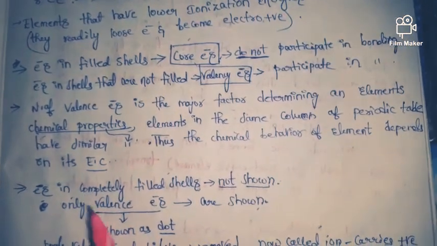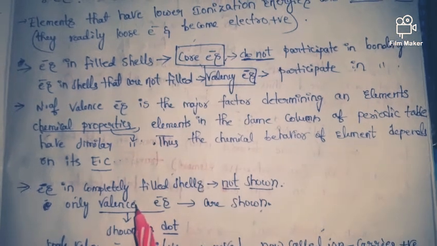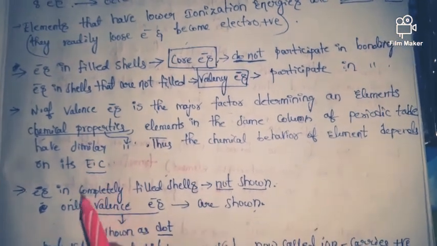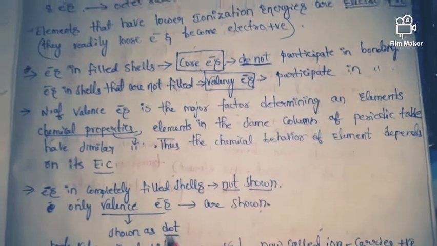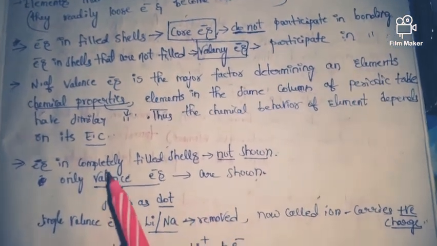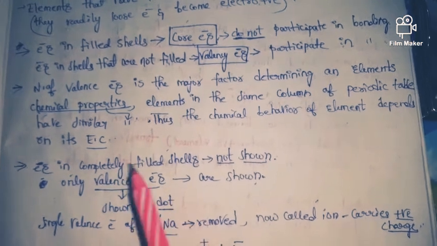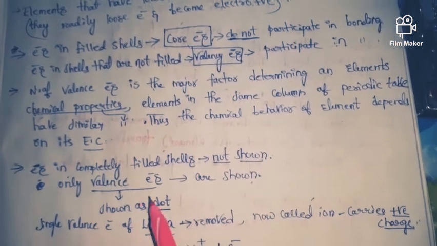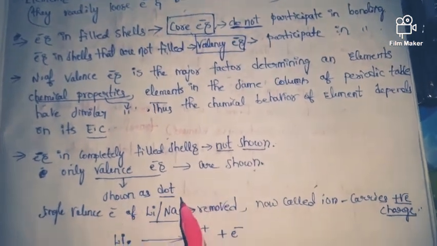Next, usually the electrons present in completely filled shells are not shown. Only valency electrons are shown as dots.